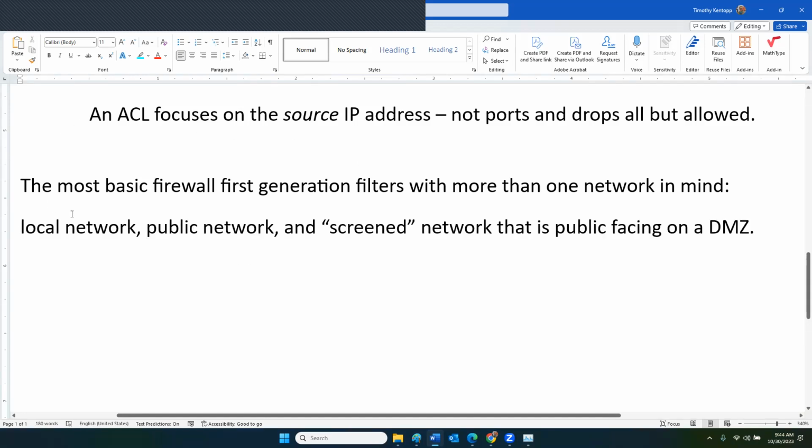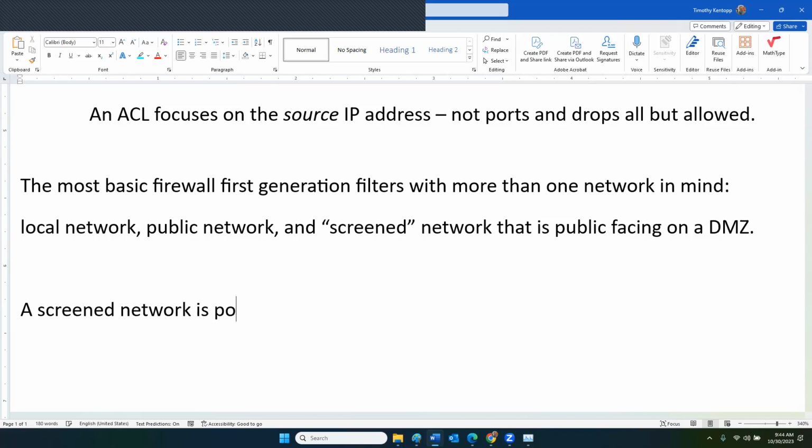So it's a local network, the public network, and a screened network that is public facing, the DMZ. A screened network is populated with bastion hosts. Did we talk about this already?